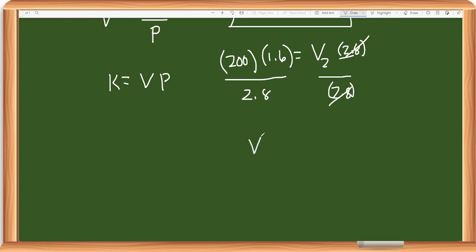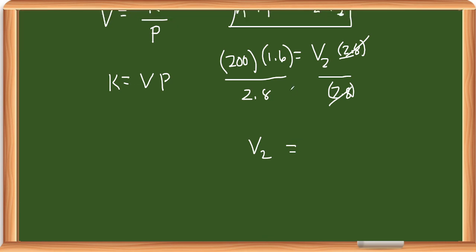So your V sub 2 therefore, okay, kung i-compute natin siya, we have 320 over 2.8.